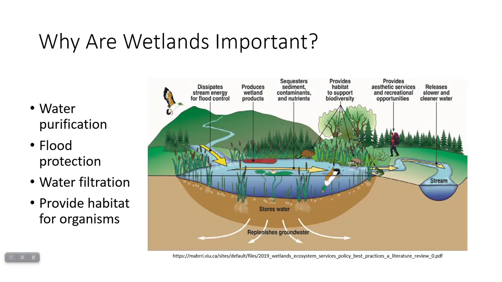So, a reminder, why are wetlands important? Well, one thing they do is they naturally purify water. Another thing they do is they protect against floods. So, let's say a lot of rain comes in, just huge rainstorms. Well, what happens is when water hits that wetland, some of it gets absorbed in the soil.